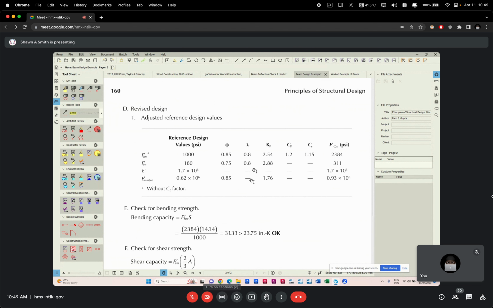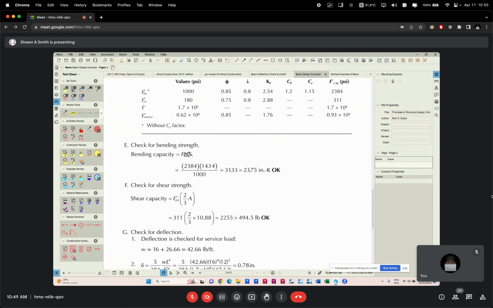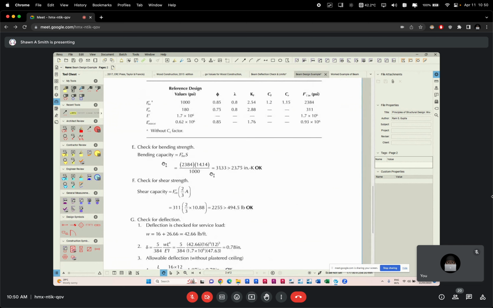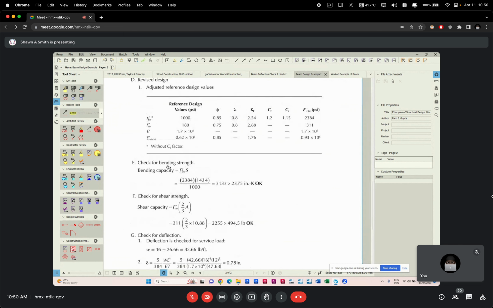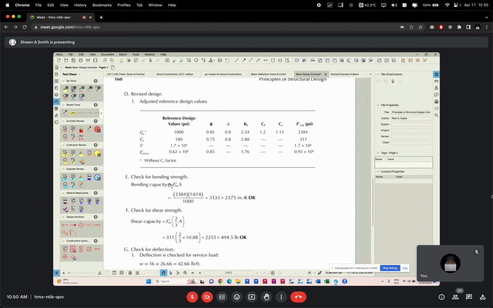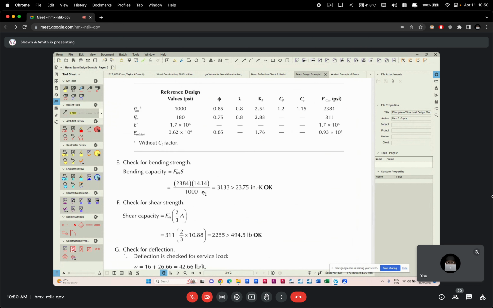Right? Whenever you see a dash, it means there are no modification factors for those. All right. So we can now check the bending strength of the element using the bending stress from up here that we modified, and also the true section modulus.